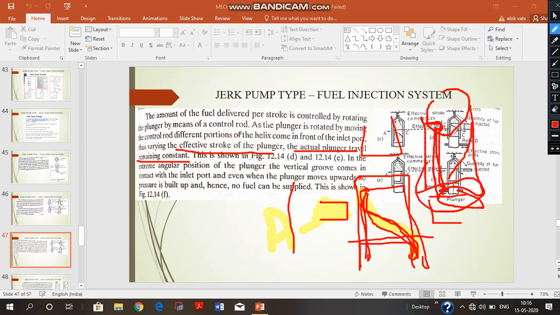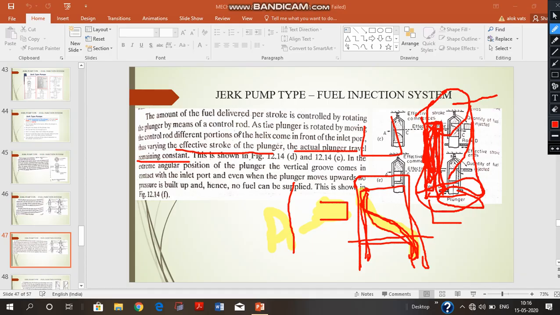It helps in bringing down the pressure of the fuel which is left after its delivery to the delivery valve. Whatever fuel is left at the top of the plunger, the pressure is broken by means of this vertical slot.